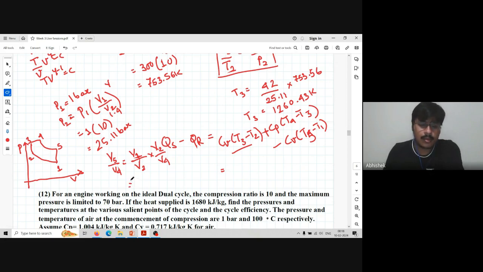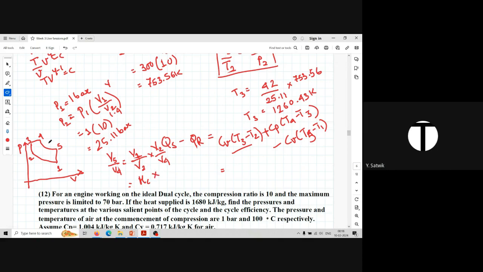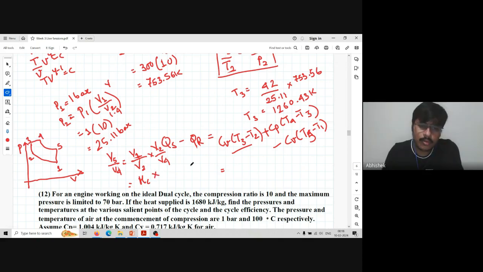Correct, right? Yes, sir. So what is V1 by V2? It is the compression ratio. Then V2 by V4: in place of V2, can you write V3? V2 is equal to V3. Yes, sir. V3 by V4, it is 1 by beta.